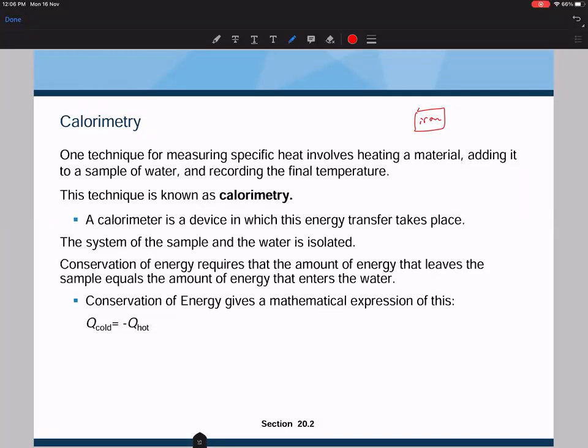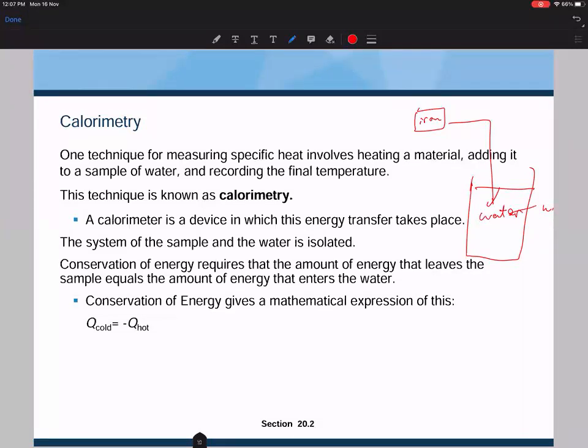And then you drop it into a container that contains some water at a particular temperature. When the iron is dropped into the water, heat energy flows between the water and the iron if there is a temperature difference between them.